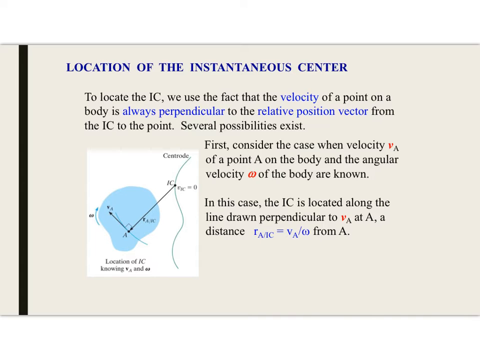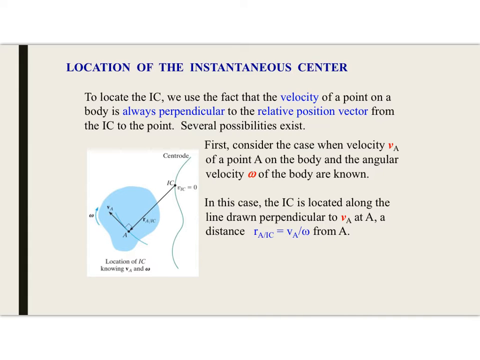If you remember, if you draw a radius of a circle, a point on the circle that's moving has a velocity tangent to that, and so those two vectors, the radius and the velocity, end up being perpendicular to each other. And that helps us trace back to find out where that instantaneous center might be.